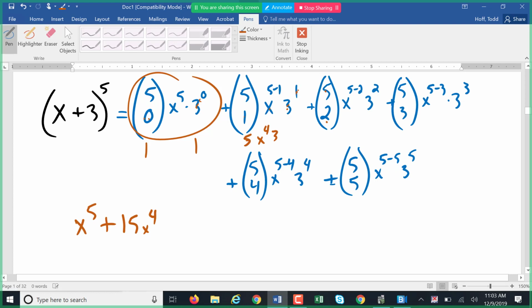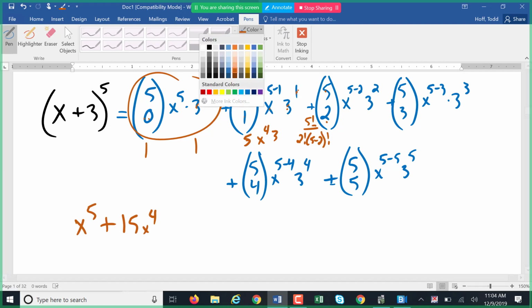5 choose 2. Well, that'll be 5 factorial over 2 factorial times 5 minus 2 factorial. You notice 5 minus 2 is 3, so the 3 factorial on down cancels out. So that's 5 times 4 over 2.